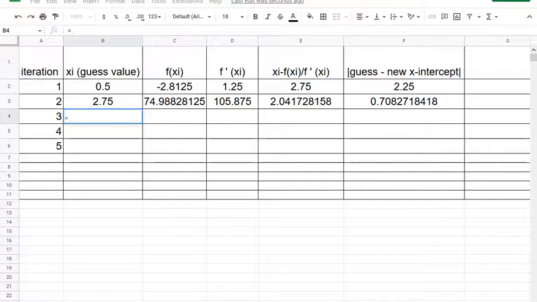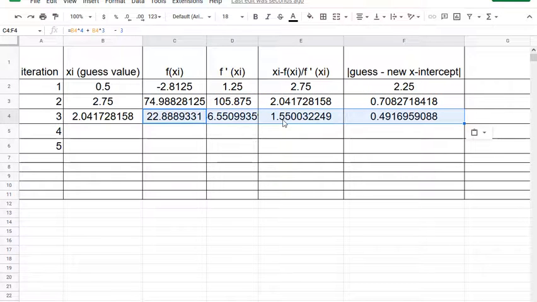And this time we want the guess value to be the x-intercept of the previous iteration. So it's in E3, so equal E3. And then highlight, and then Control C on the keyboard, and then click on this cell and Control V for pasting.